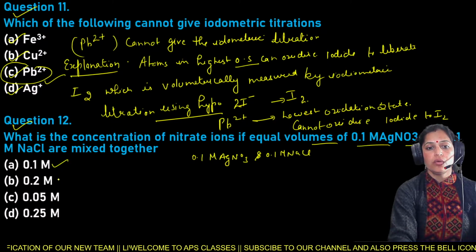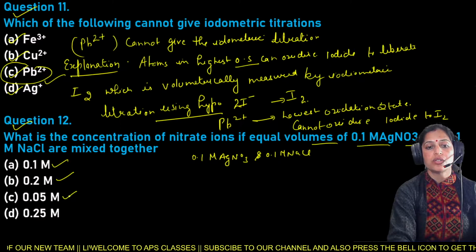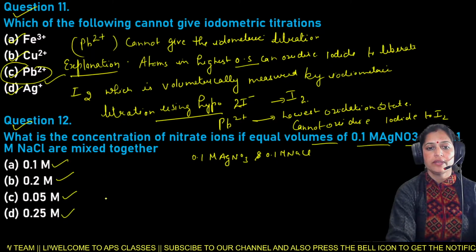Options are 0.1 mole, 0.2 mole, 0.05 mole, and 0.25 mole.